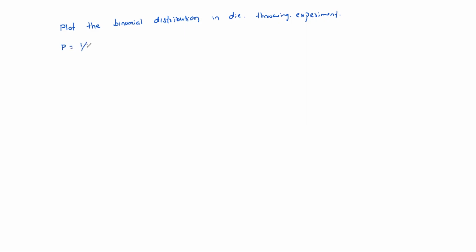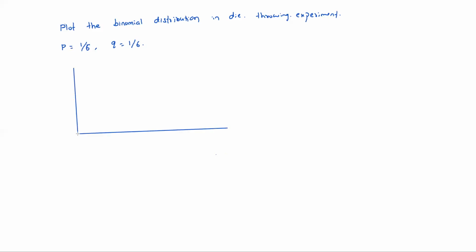P equal to 1 by 6. Q also 1 by 6. So distribution is like this. One experiment only. So getting 1 is 1 by 6, getting 2 is 1 by 6, getting 3 is 1 by 6, only one experiment we are doing. Obviously, distribution is like this.